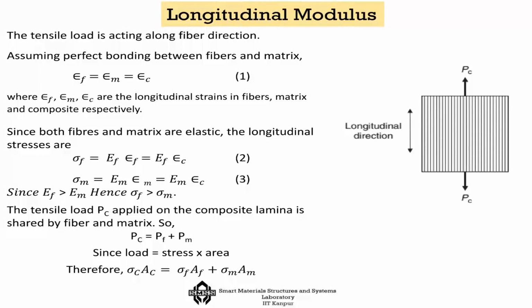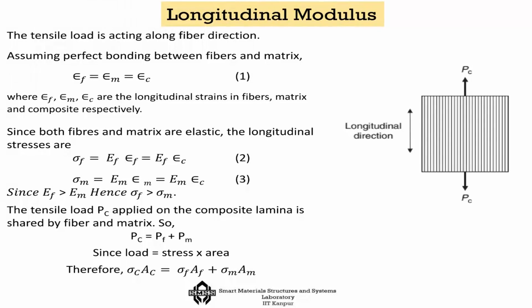I can show it to you through this particular example: consider that this spring is for the fiber and this spring is for the matrix. So if I apply the load, what I am going to see is that the entire load is actually shared between the two springs. Okay. So the two springs are sharing the load, one is the fiber and another is the matrix.